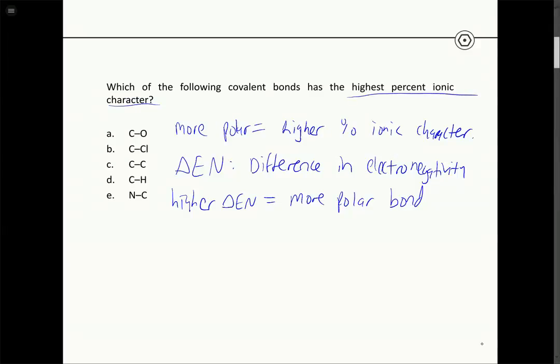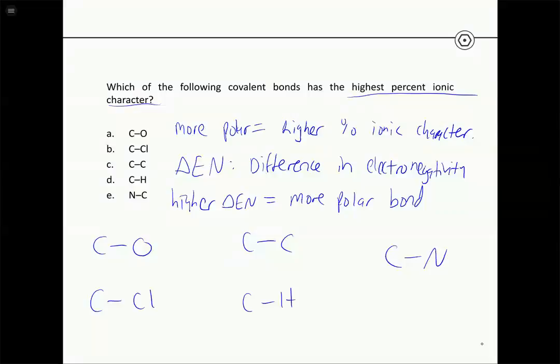What we notice is that carbon is involved in all of these bonds, so really we're just comparing the electronegativity of one atom. So we have CO, CCl, CC, CH, and even though it's written NC, CN, it doesn't matter what order you put them in. So we can eliminate a couple of these.